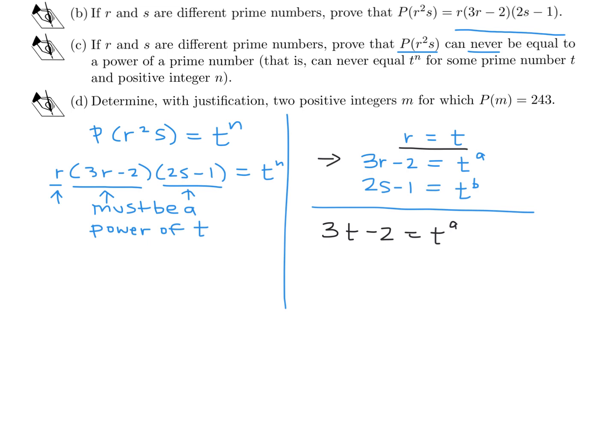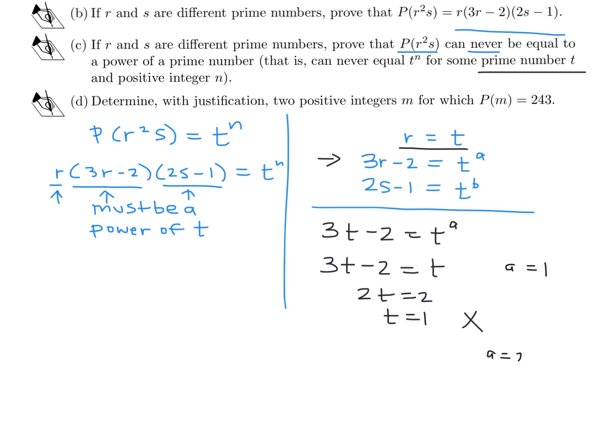Now I've got to figure out what a is. If a is 1, then 3t minus 2 is t, and therefore 2t is equal to 2, so t is 1. Now, they have told me that t is a prime number, so since 1 is not prime, this doesn't work, so I've got to keep going here.